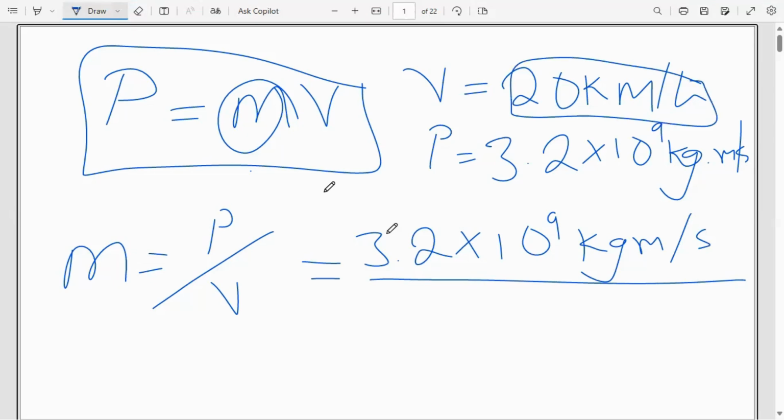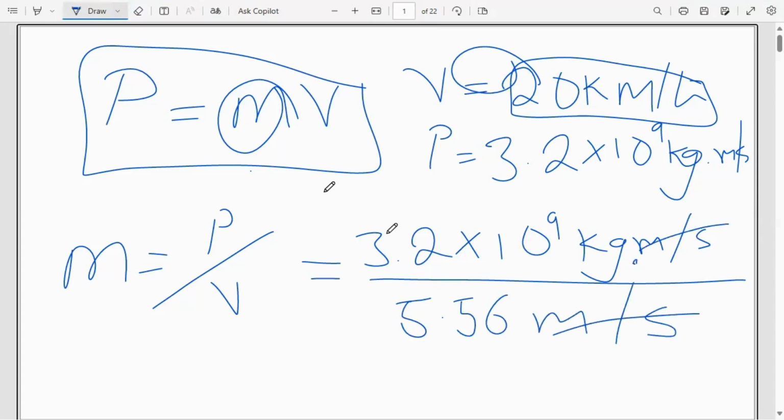The momentum is already in its SI units, so we also have to convert the 20 kilometers per hour into meters per second. If we do our calculations, that gives us a value of 5.56 meters per second. So meters per second and meters per second can cancel out.